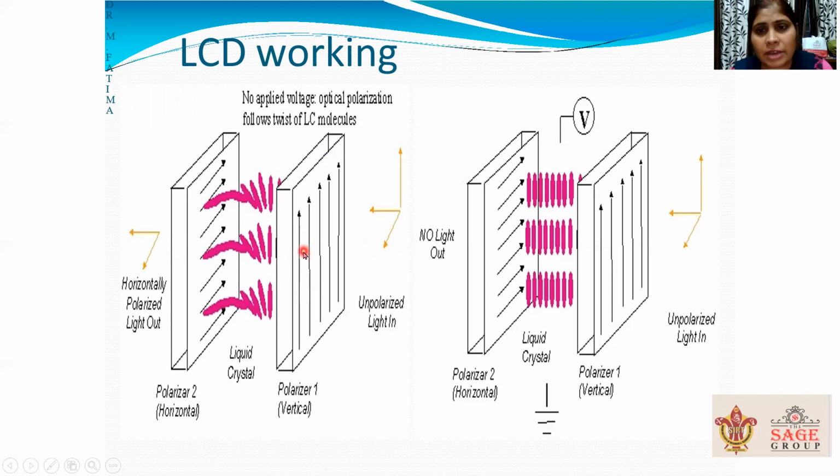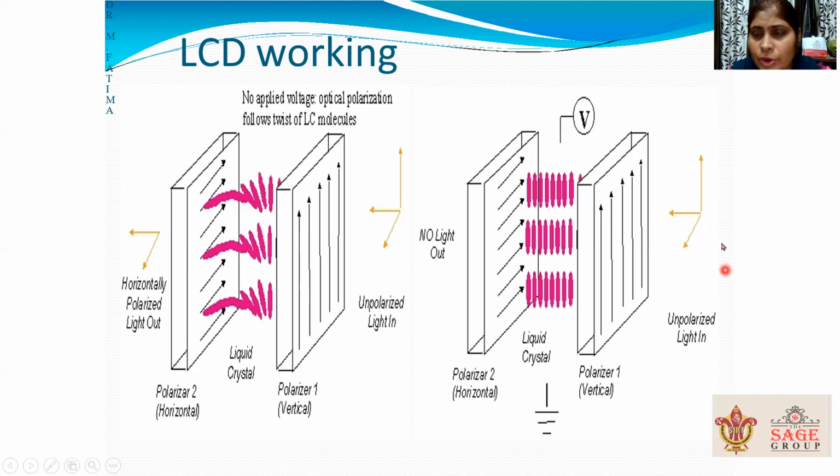But when potential is provided, the molecules of the liquid crystal placed between these two polarizers will be aligned in a structured fashion. You can see the molecules are aligned, and now when light passes through the polarizers, the liquid crystal will not allow the light to pass to the other polarizer.